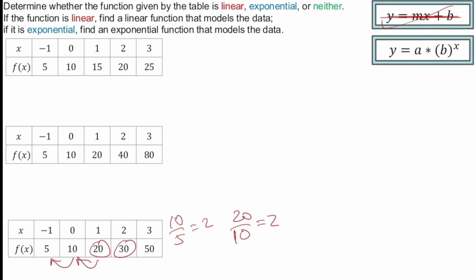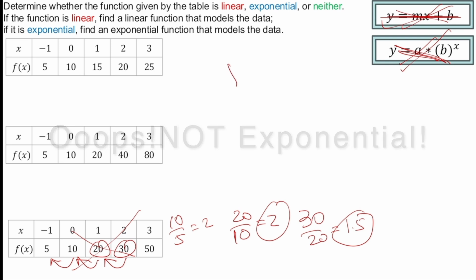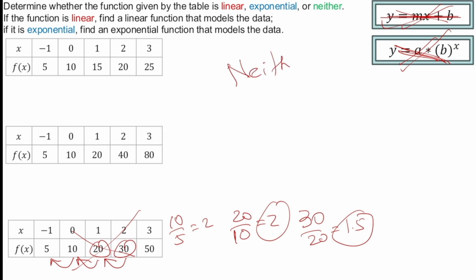So far, so good. 30 divided by 20. Oh, no. This is 1.5, because this ratio is not the same. Therefore, this is not exponential. So not linear, not exponential, neither one of them. And that's a very common question on the SAT and any of those state tests.